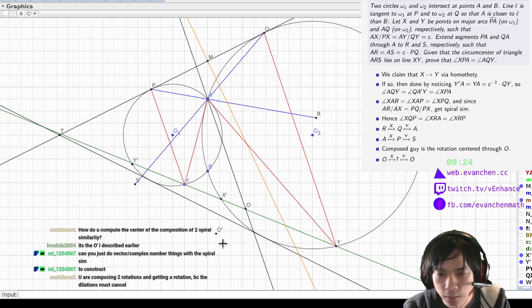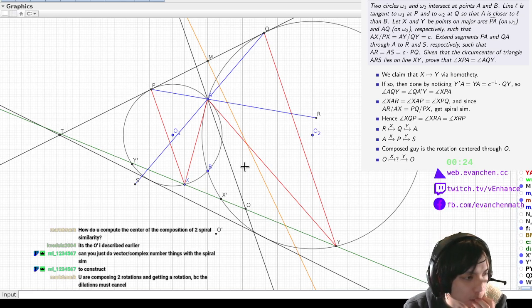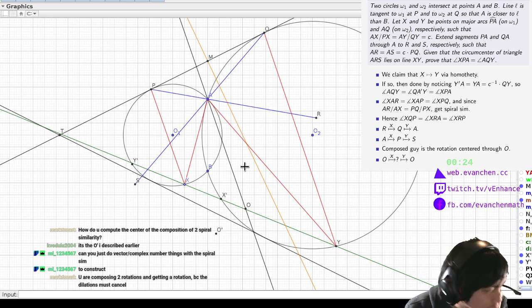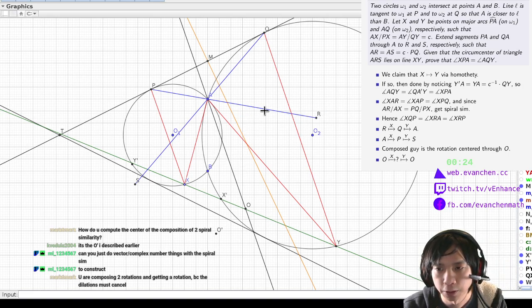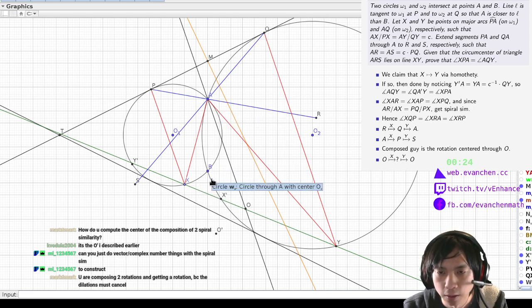So you are composing two rotations and getting a rotation. Well, the spiral sims are not just rotations; XPQ to XAR is not a rotation. There is a scale factor, but it's canceled out by the scale factor going the other way.